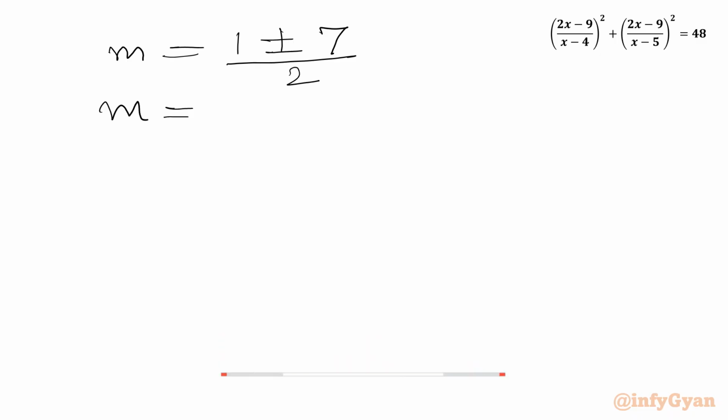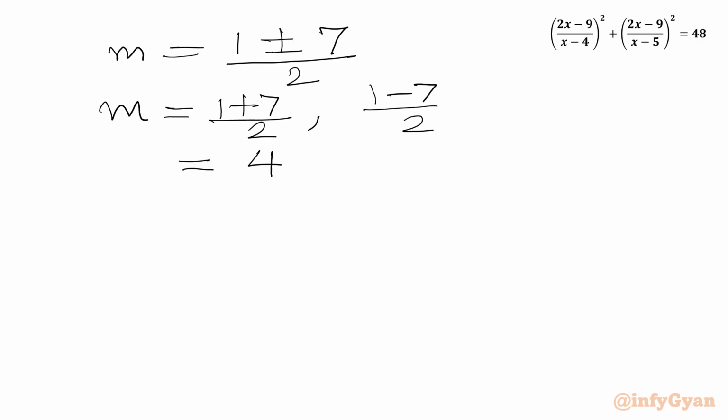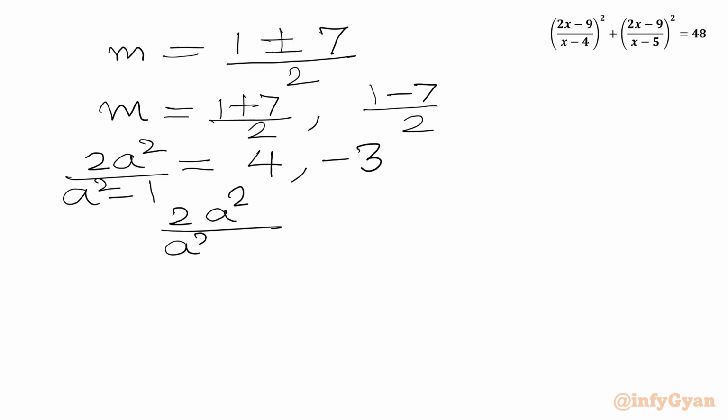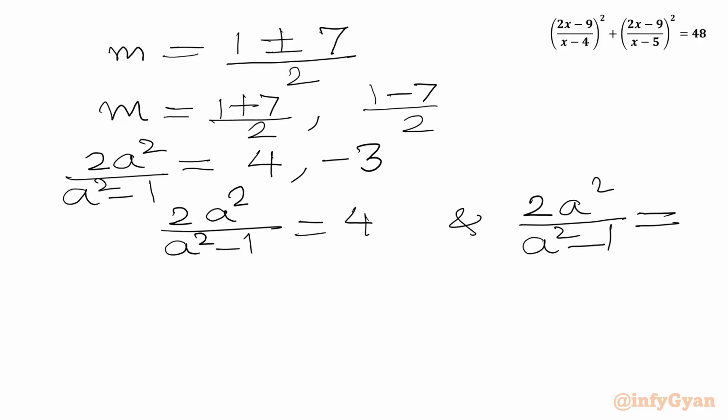So we can write m equal to (1 + 7)/2 and (1 − 7)/2, or I can write 8 over 2 is 4, minus 6 over 2 is minus 3. m was 2a squared over a squared minus 1. So I can write 2a squared over a squared minus 1 equal to 4 and 2a squared over a squared minus 1 equal to negative 3.